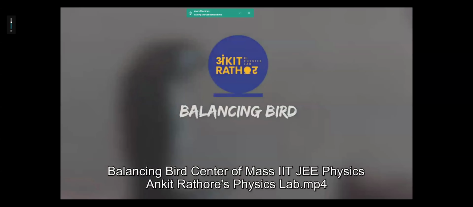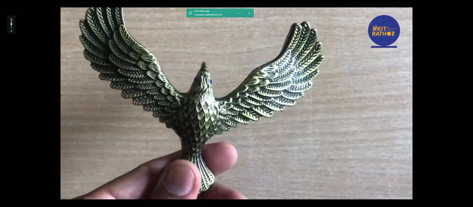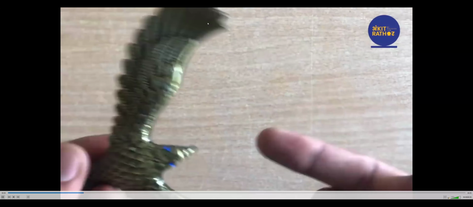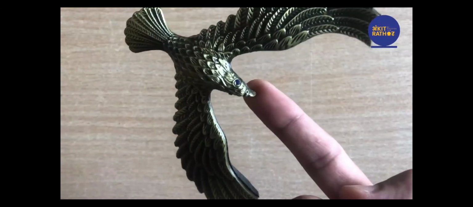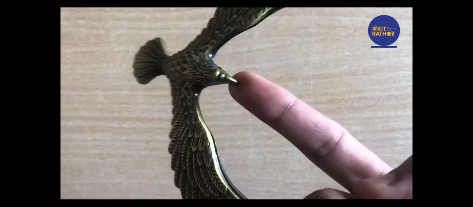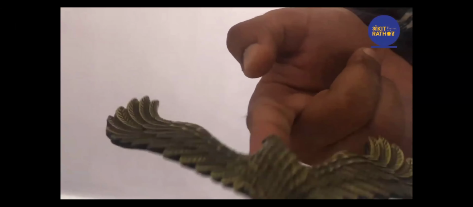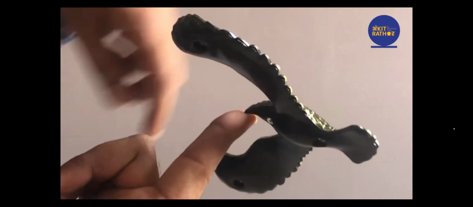The same one. There, this is what I was saying. Look at that. You can twist it, tilt it, do anything. It doesn't fall. It's in super stable equilibrium.